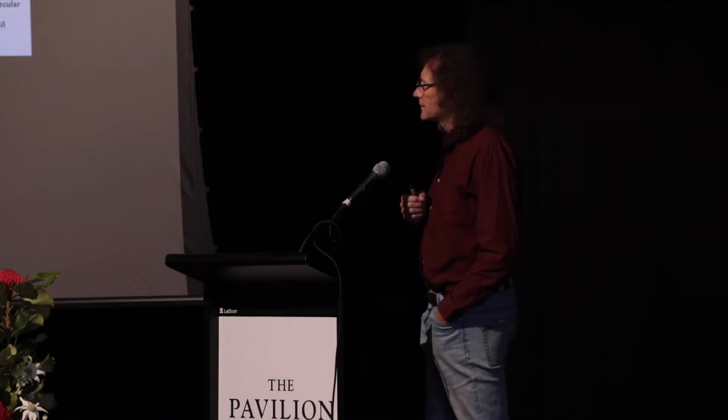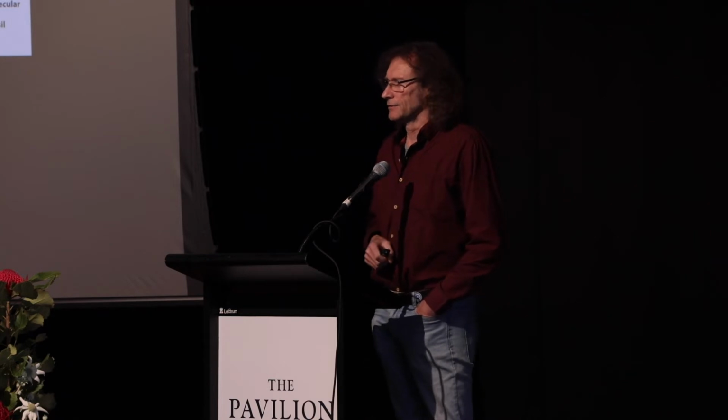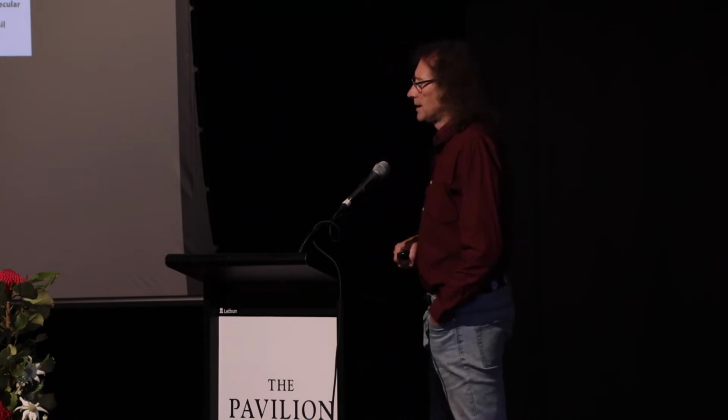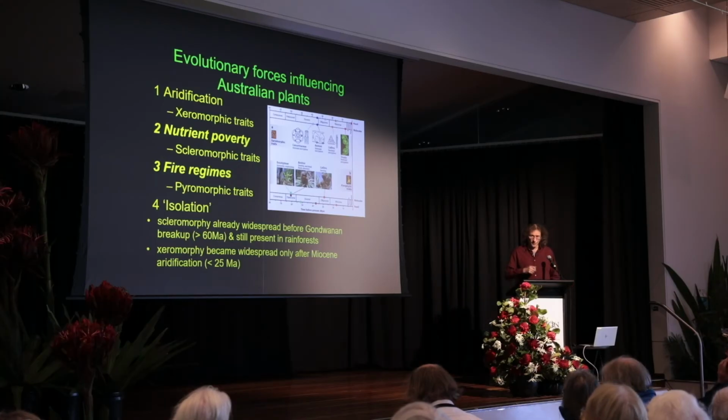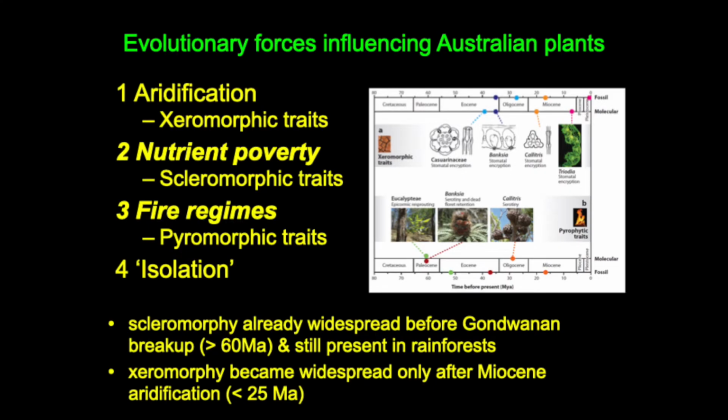Well, I think there's four reasons, four mechanisms, if you like, that have been key to the evolution of Australian plants. We can think about, the cliched one being aridification. Australia is a dry place, most of it is desert, and we have these deserts that really don't look like deserts elsewhere in the world.